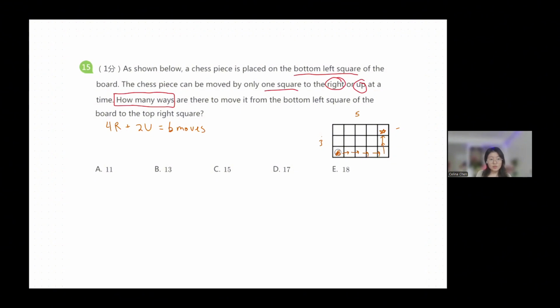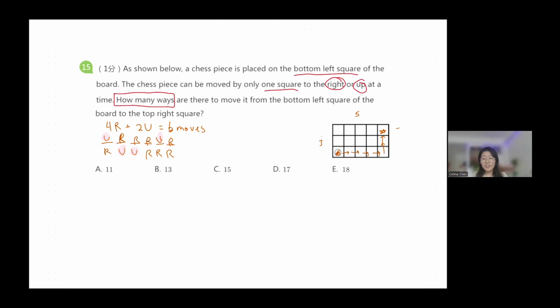For example, we could have first step as up, and then R, and then R, and then R, and then up, and then R. And also R means right. U means up. This sequence is different from R, U, U, R, R, R. Why are these different? Because the U's are in different spots.